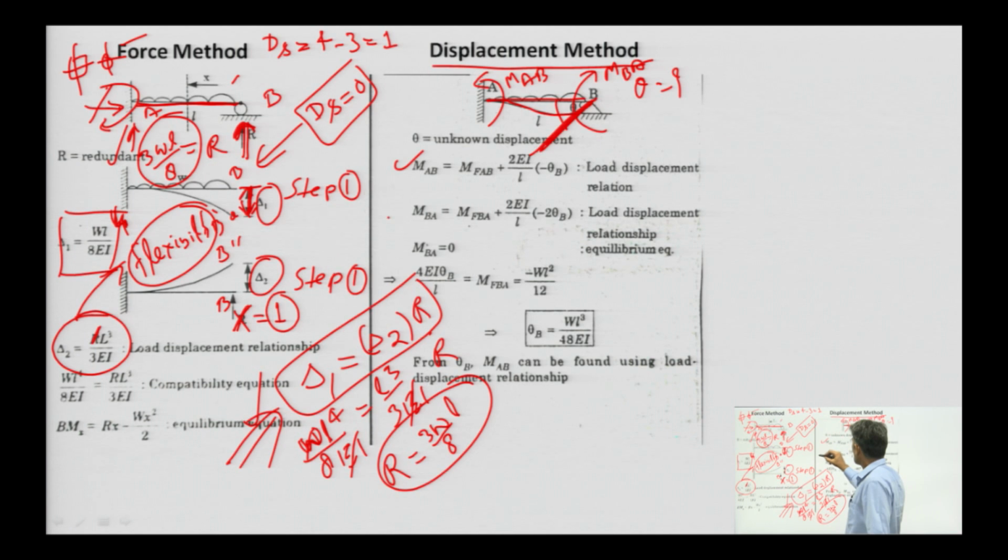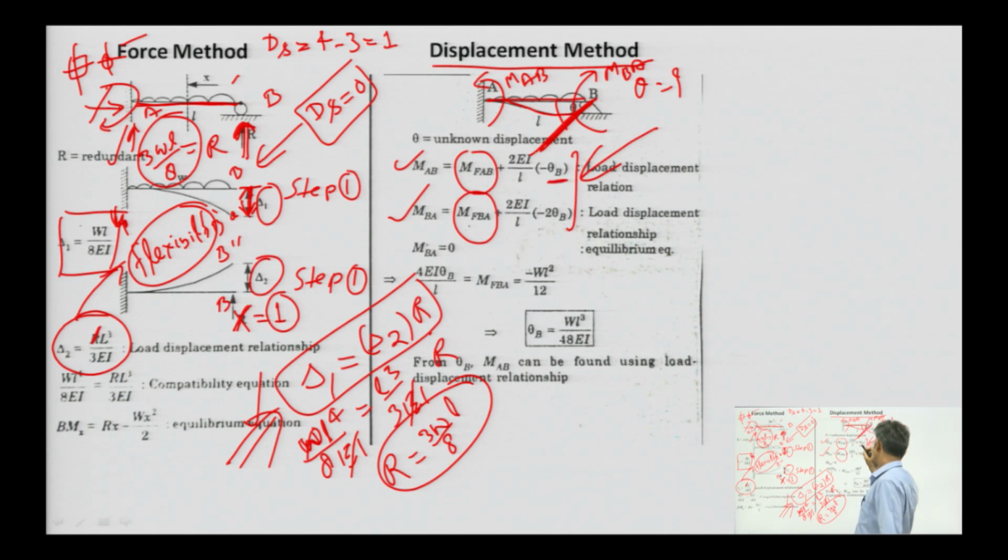So, M AB and M BA can be written by these equations. Actually, these are beyond the scope of this engineering mechanics syllabus. M FB is the fixed end moment at point A, this is the fixed moment at point B, and 2EI by L minus theta B minus 2 theta B.